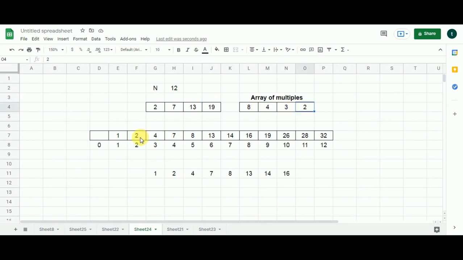At 2 we have 2. 19 multiplied by 2 is going to give me 38, and it is again not less than 32, so this 38 gets eliminated and 32 stays. Also we got this 32 using the number 2 from the array of primes. So we are going to increment the index in the corresponding cell in the array of multiples by 1, so this becomes 9. But we have already got our 12th super ugly number over here, which is 32.